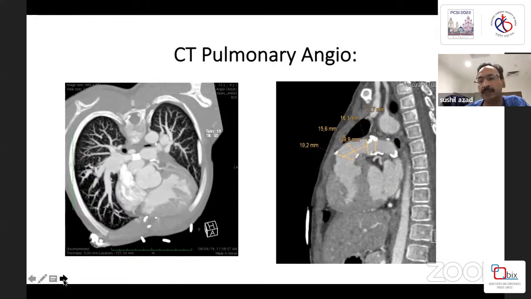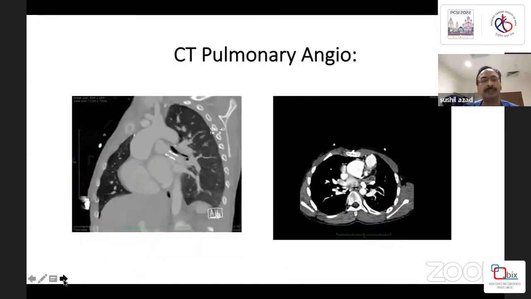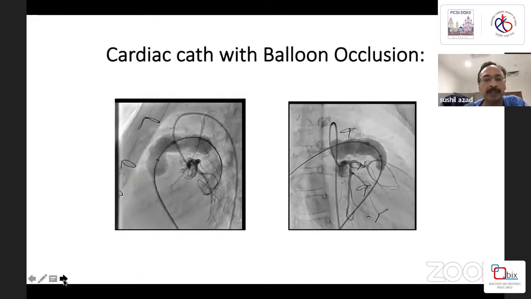In this CT image, you can clearly see the left coronary artery very close to the distal calcified narrowed segment of the conduit. This was a major cause of concern in this patient. So we did a compliant balloon occlusion, an ASD sizing balloon occlusion, to check the left coronary artery. Though it was very close, there was no significant compression.